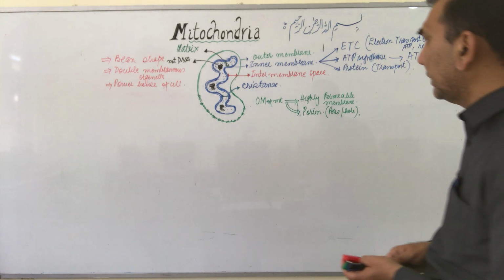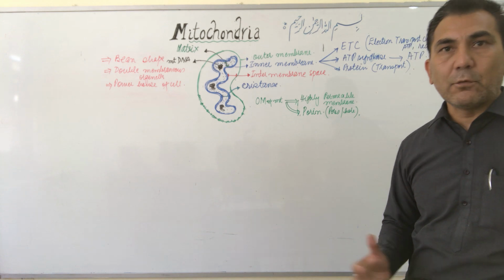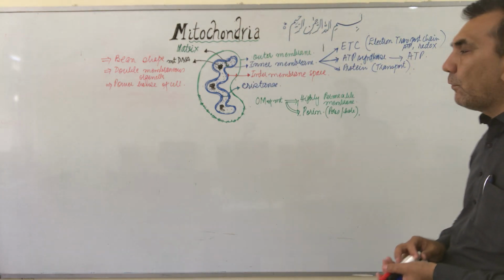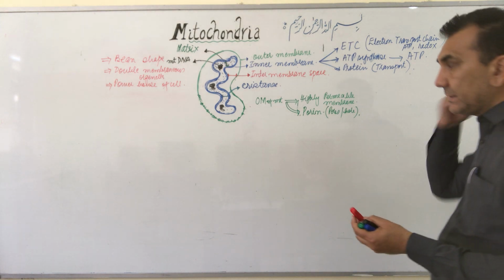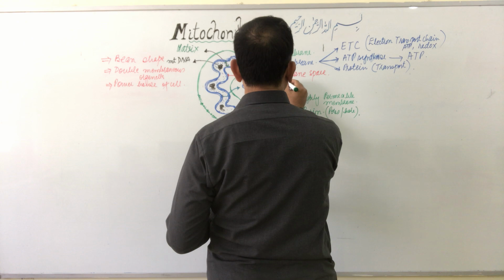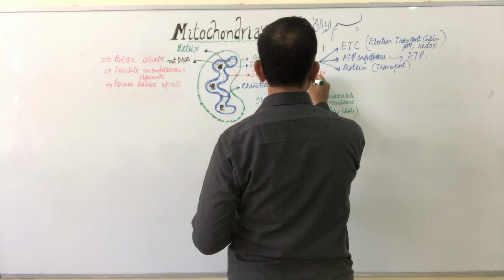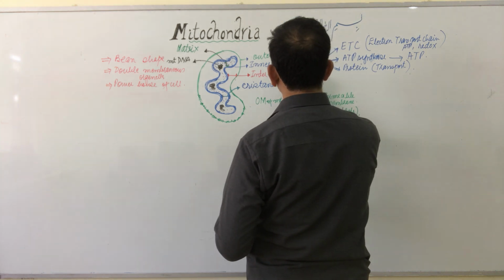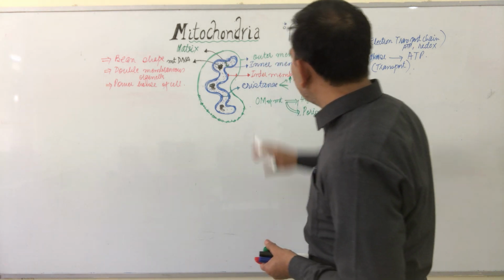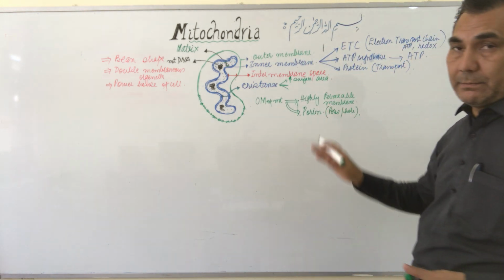Now we will learn about the cristae. The cristae are fold-like structures present inside the folded inner membrane. What is their function? They increase the surface area, which is 10 times more than the outer membrane.